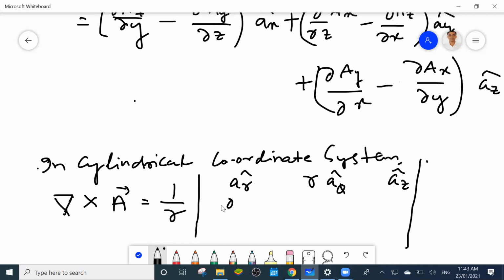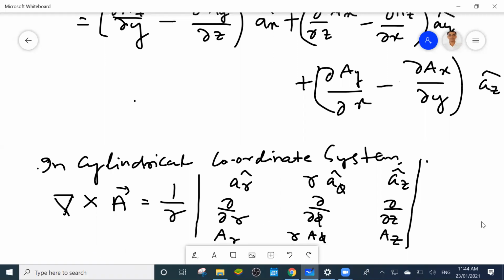Then del by del r, del by del phi, del by del z. In this case H1 is 1, so I can write A_r. What is this value? r A_phi. H2 A_phi, so that one will be r A_phi. And this one, A_z.